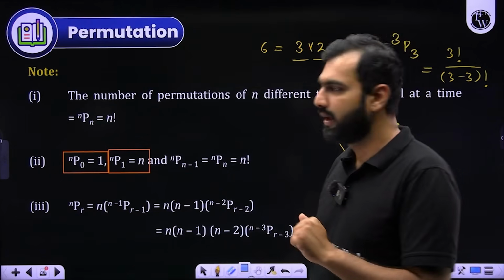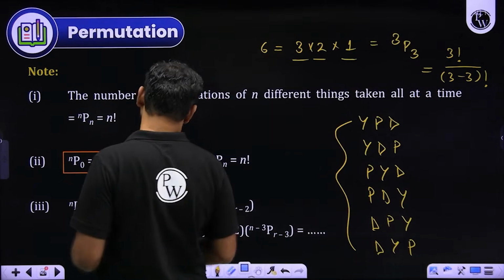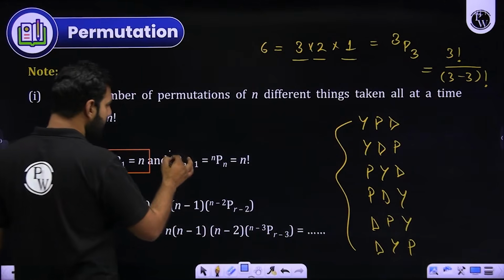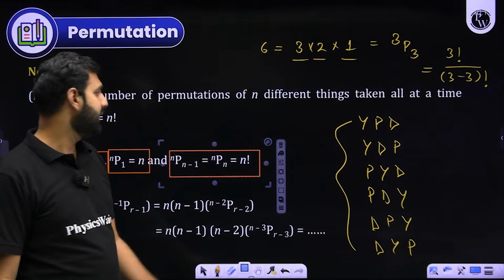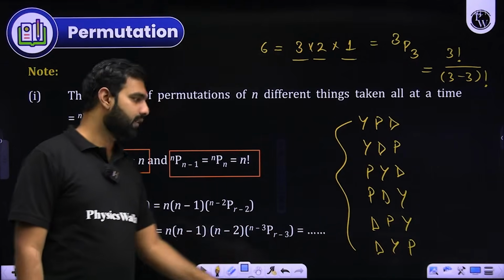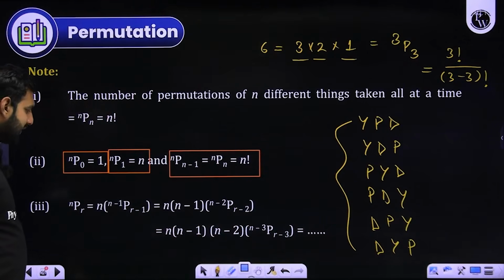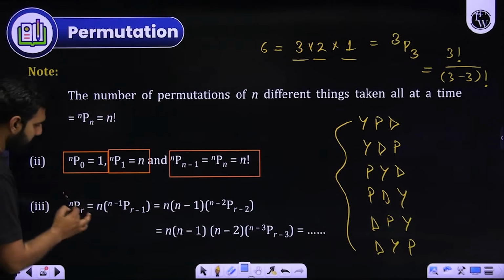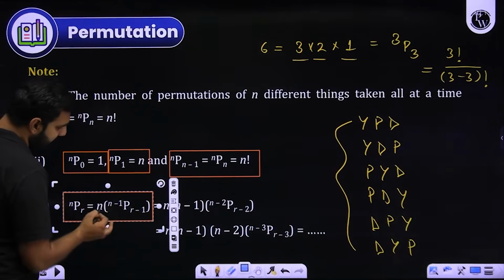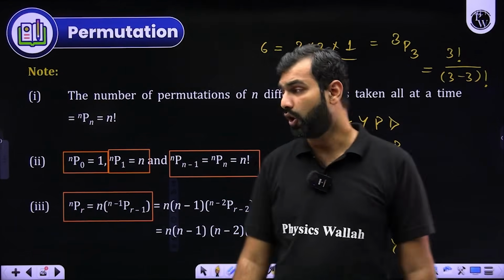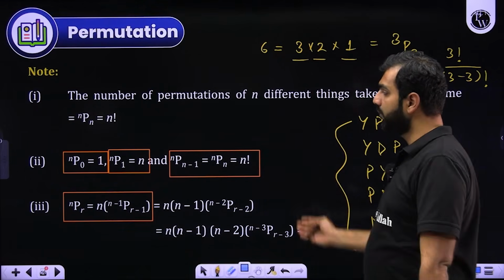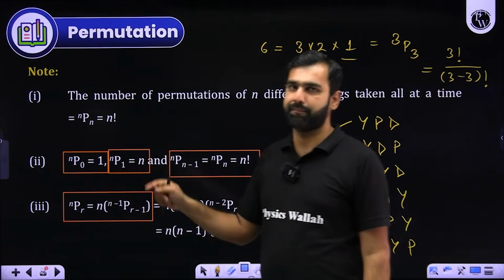Similarly, please remember, whether you talk about nP(n-1) or nPn, coincidentally, it will be n factorial. If I could move towards the next concept, it will be this formula that nPr can be written as n times (n-1)P(r-1). You can have this result along with you because questions are formed on these properties as well.